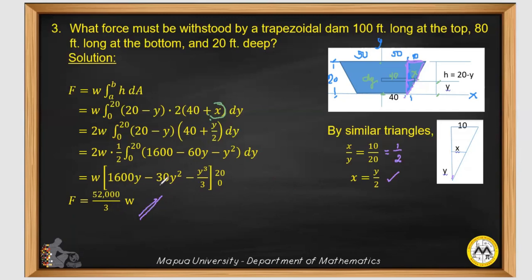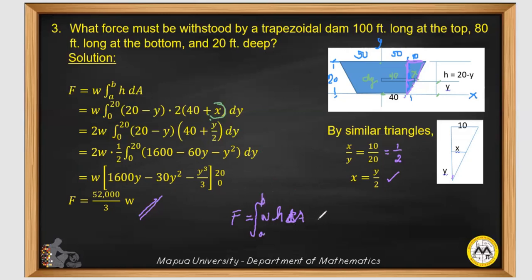So this is how to compute the force due to liquid pressure of a vertical plate submerged in a liquid. The force is equal to the weight density times h times the differential of A, and we have to evaluate this from the lower limit a to the upper limit b.